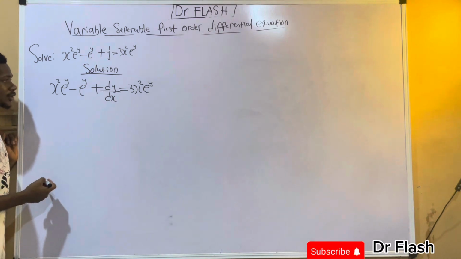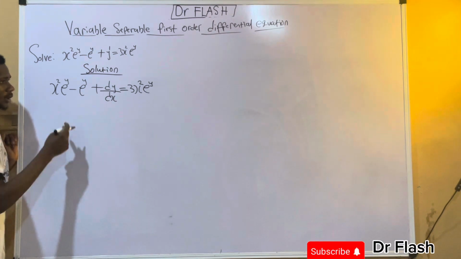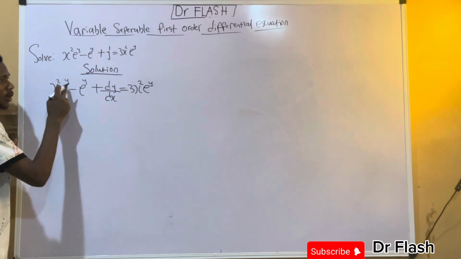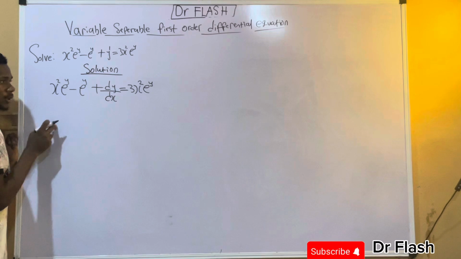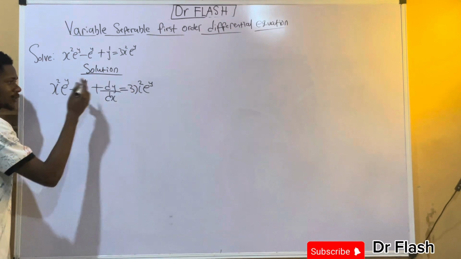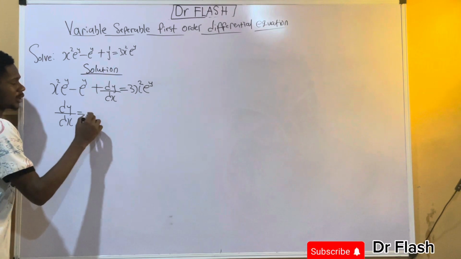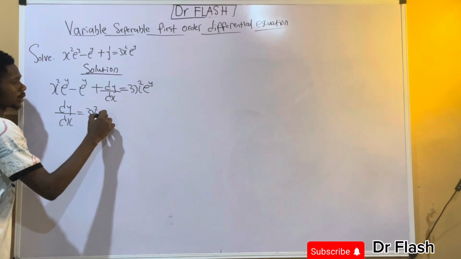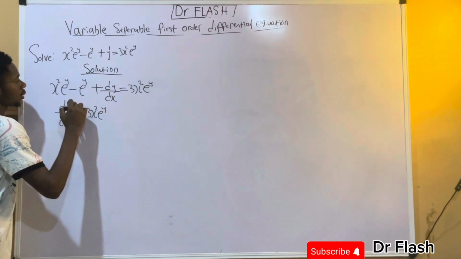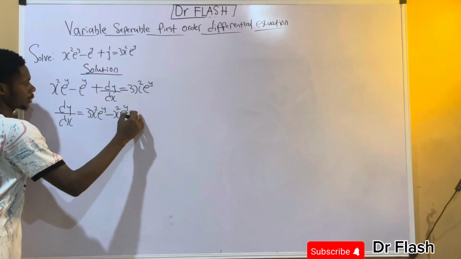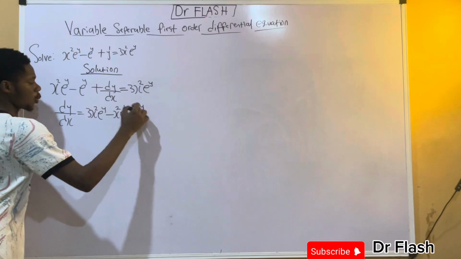Now the next thing, let's try and separate it into two different parts. Let's take everything to the other side. So we're left with dy over dx equals 3x squared exponential y minus x squared exponential y plus exponential y.